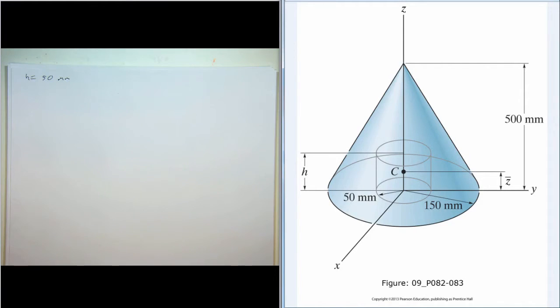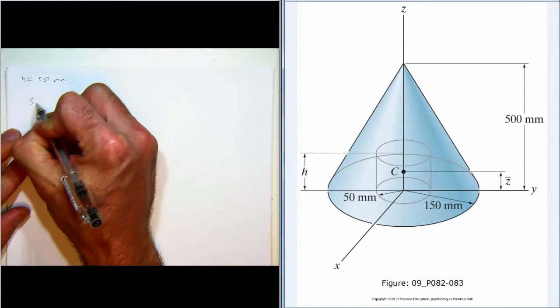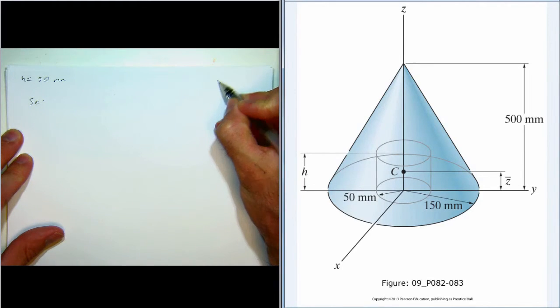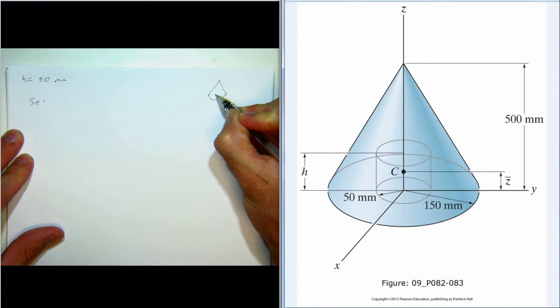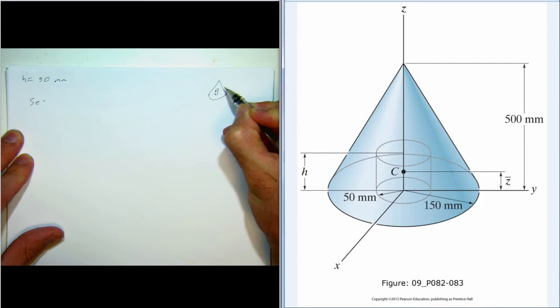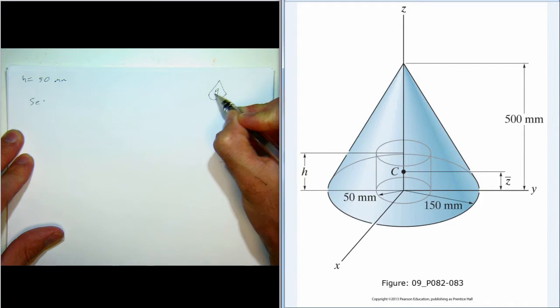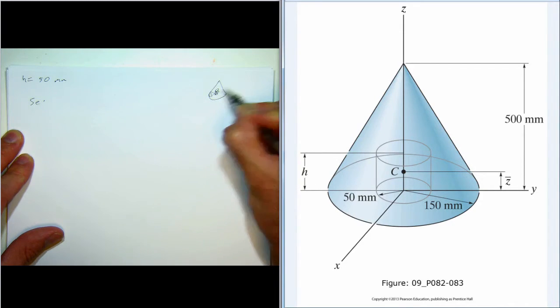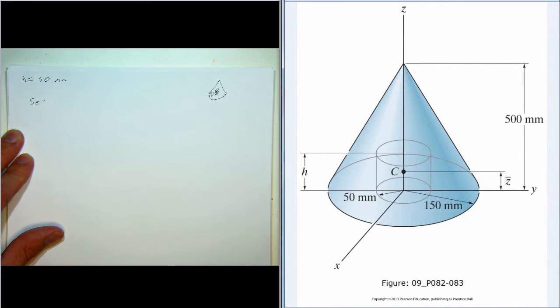So for the centroid, we don't have to worry about density because we're just concerned with the volume. This is not a very good drawing. We'll call the cone segment 1 and the cylinder inside the hole segment 2.